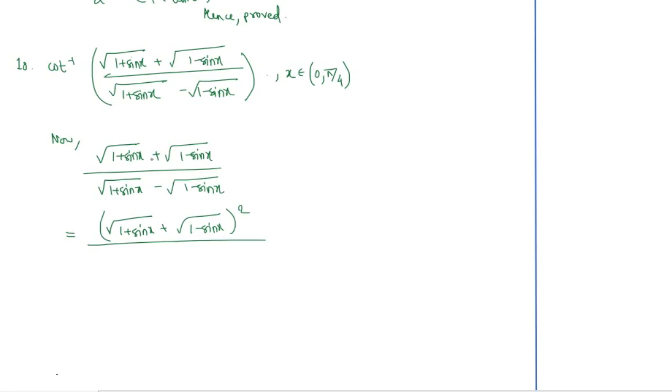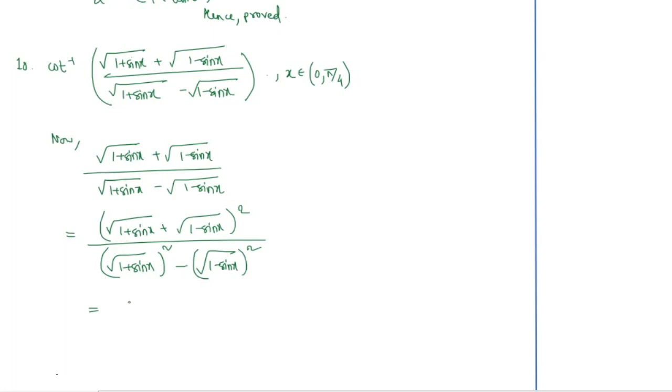Since the numerator is the same as a plus b, it got squared, and in the denominator we are left with root over 1 plus sin x whole square minus root over 1 minus sin x whole square, since a minus b into a plus b is equal to a square minus b square. Okay, so just expand this square.